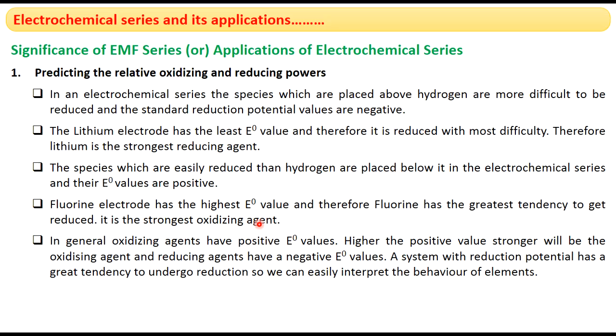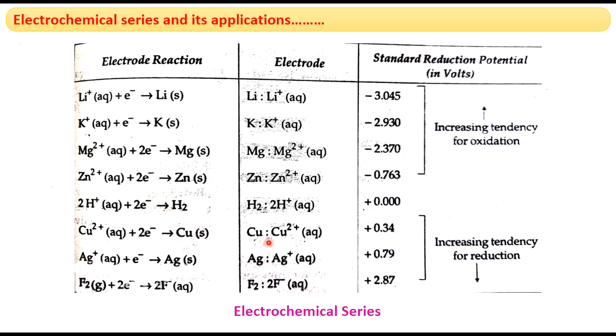When it is easily reduced, it will oxidize the other electrode faster. So in general, oxidizing agents have positive E0 values. So in the electrochemical series, the electrodes which are placed below hydrogen are all better oxidizing agents as they have positive SRP values.